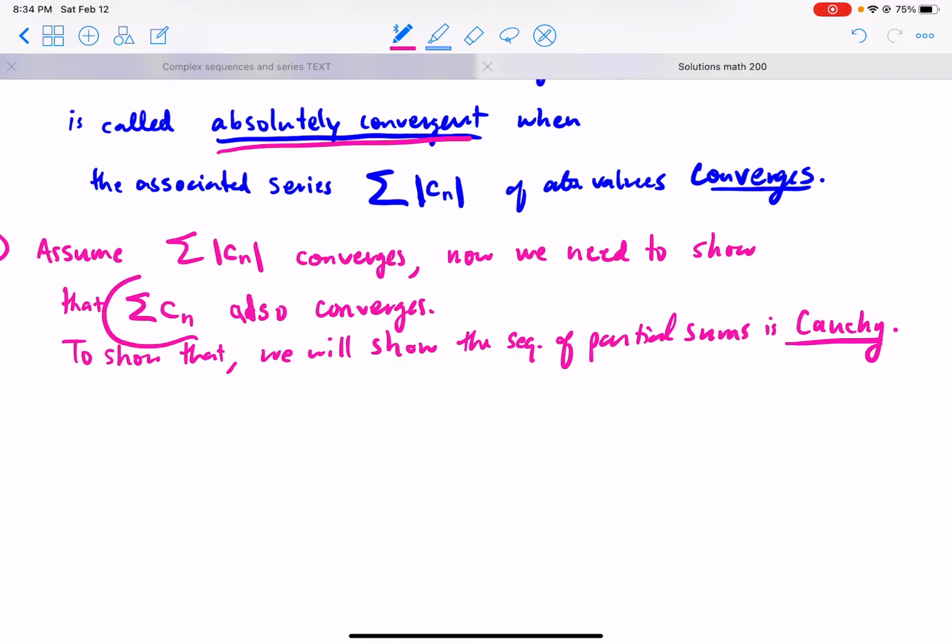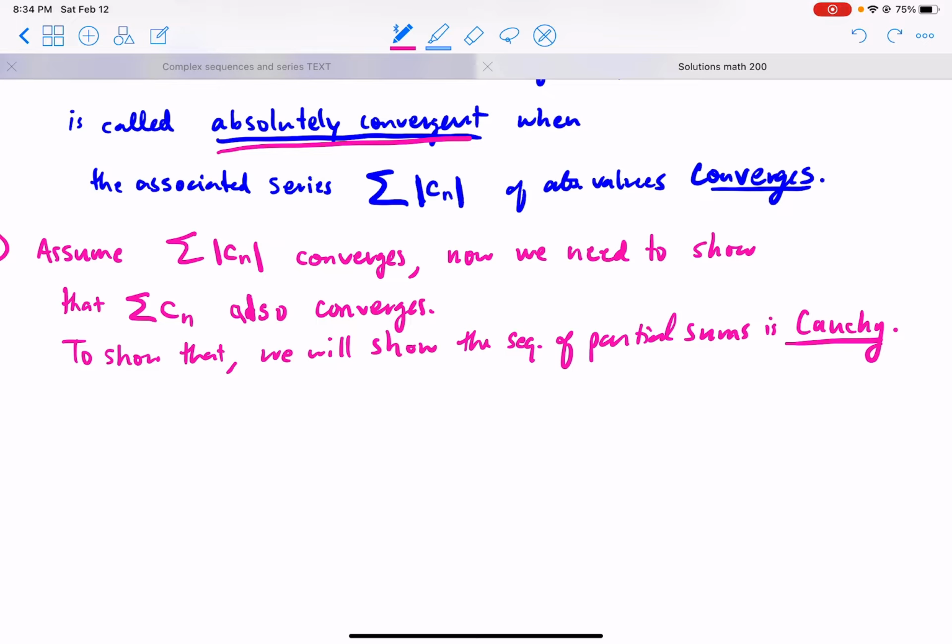So we're going to look at this infinite sum, and show it converges by looking at the sequence of partial sums. Well, that's sort of obvious. That's the definition of convergence. You have to look at the partial sums. So we're going to use the definition of convergence, and in particular, show that the sequence of partial sums is Cauchy. Do you remember what Cauchy is?